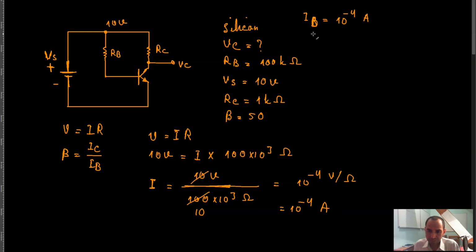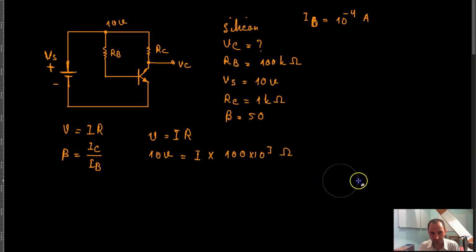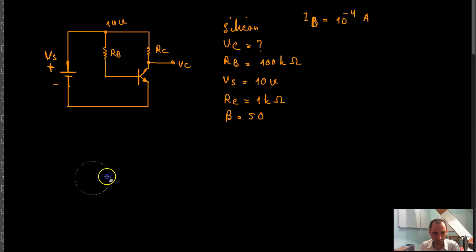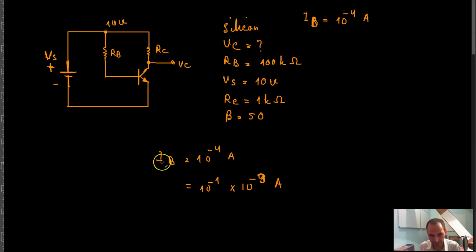Meaning that, for example, this current, if an electronics or electrical engineer were to talk about this, they would call it I of V is equal to 10 raised to the power negative 4 amps, which is the same thing as 10 raised to the power negative 1 into 10 raised to the power negative 3 amps.